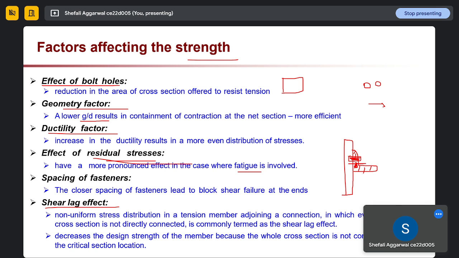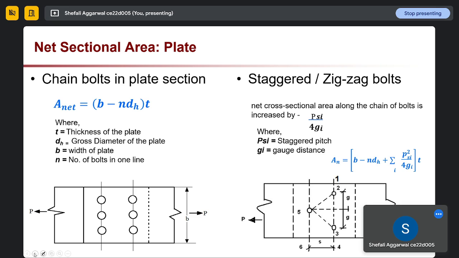So at our effective cross-sectional area, the complete critical section is not involved. Because of that, there will be a shear lag. The stresses won't be evenly distributed, so the strength of our member will decrease. So the first thing is we have to calculate the net sectional area in case of tension member.